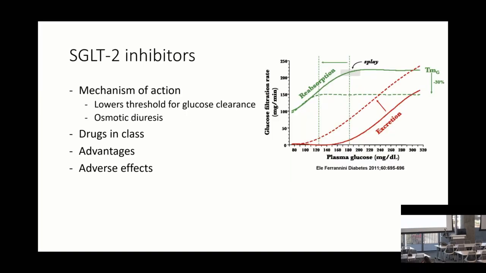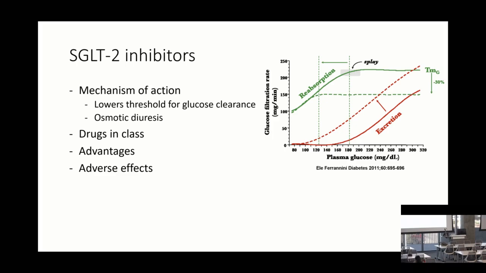SGLT2 inhibitors, another big group. We talked about the glycosuria in diabetes, and the point of this slide is to see that the SGLT2 inhibitor, sodium glucose transporter 2, what it does is instead of the threshold for glucose clearance from the kidneys being at 200, it moves it down to like maybe 120.